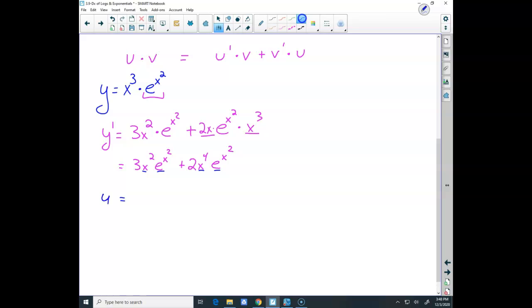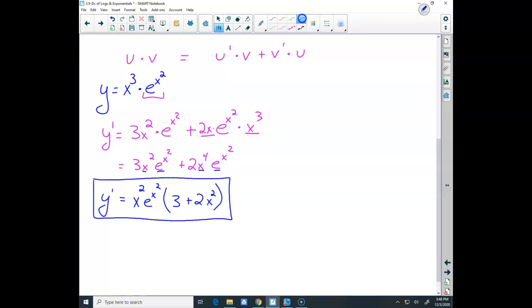So my end result, I would like to look at in factored form as x squared e to the x squared times (3 plus 2x squared), okay? And there would be my derivative of that dirty little bugger.